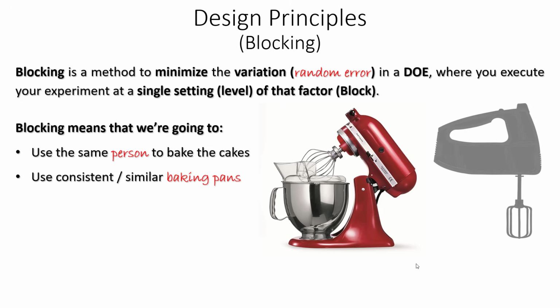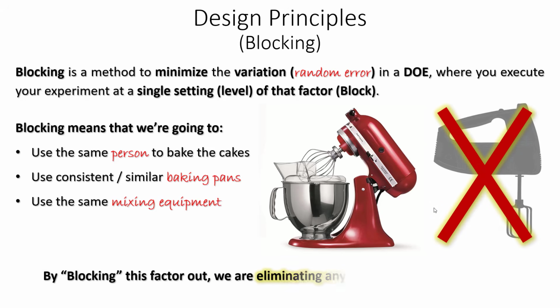The mixing equipment is the same conversation. Sometimes our people use industrial grade equipment. Sometimes they might use a hand mixer. And we know, discussing this as a team, that we might sometimes experience variation between our mixing equipment. For the purposes of this experiment, we're going to block that factor out and essentially eliminate any of the equipment-related variation.